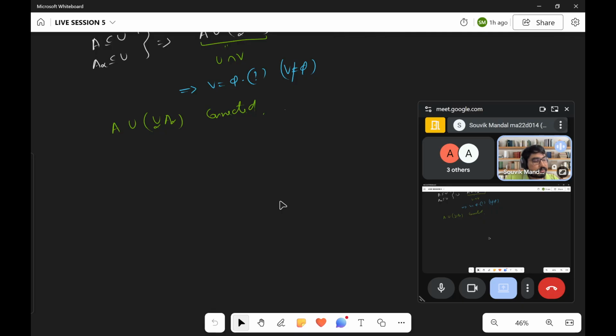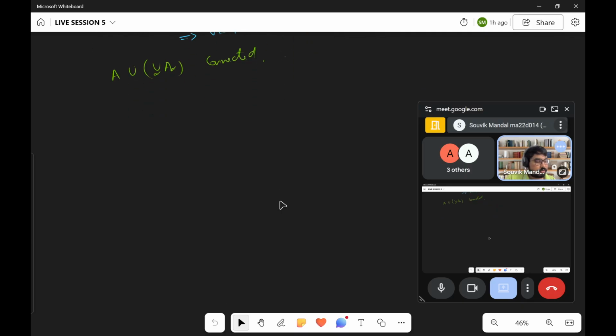Now another way of showing it is to use the function method. What is that? So let f from A union the union over alpha of A alpha to plus or minus 1 be any continuous function.